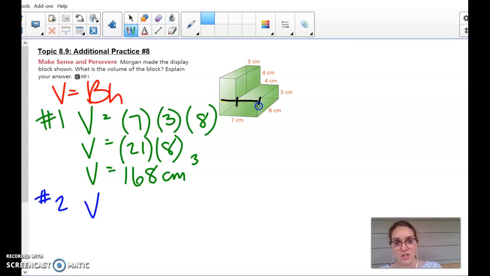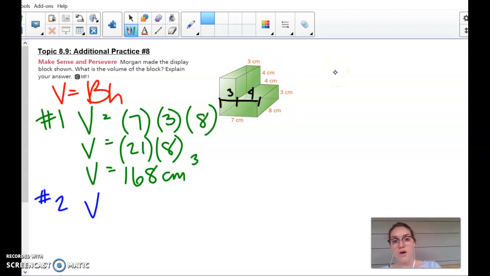Then this section looks like it's, if I keep following this back, it looks like it's 4. So then if the whole piece is 7, that piece is 4, then from the left side to the middle or to that first line is 3. So for that prism, it looks like the base of this is 3, and the height of this rectangle as the base, if I follow these parallel lines back, is going to be 4 as well.